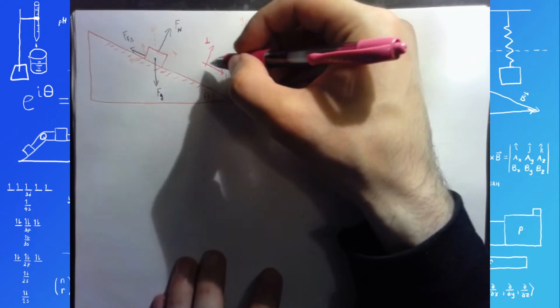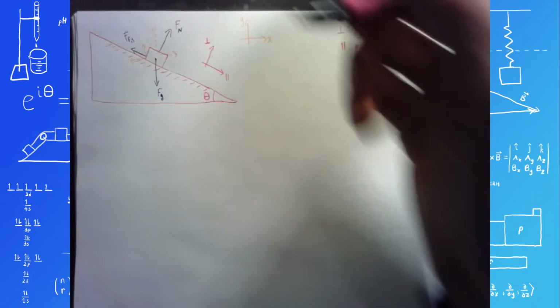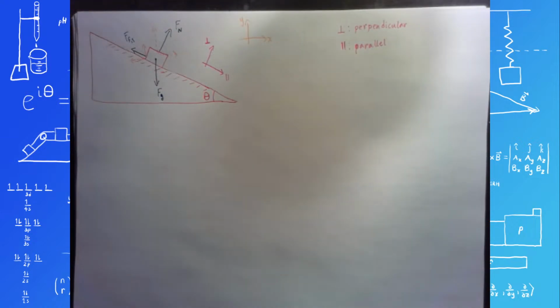But yeah, up to you whether you consider the down parallel or up parallel direction to be positive. I guess it depends on the problem. If you're working with a problem where an object is sliding down and you want to figure out how fast it's moving and how far it travels, maybe in that case it makes more sense for down the incline to be your positive direction.